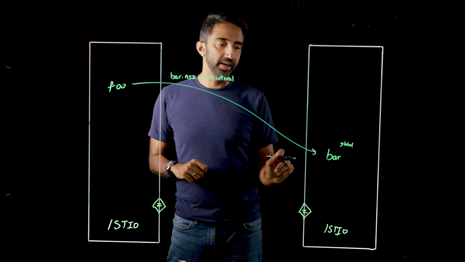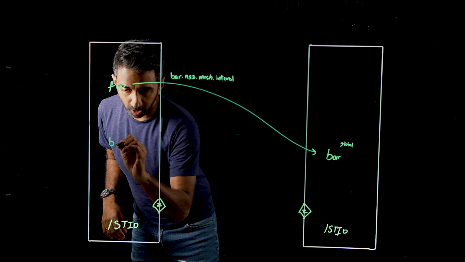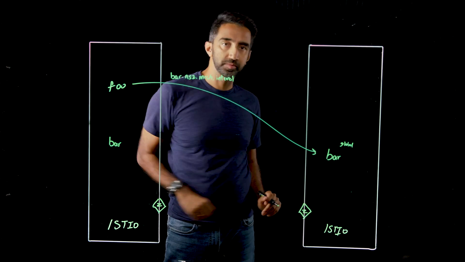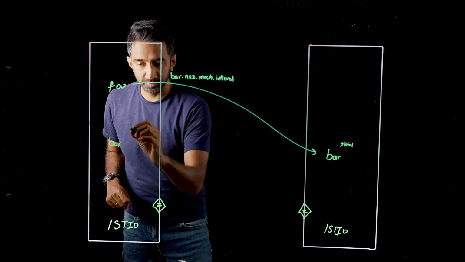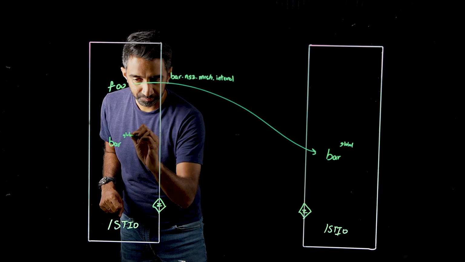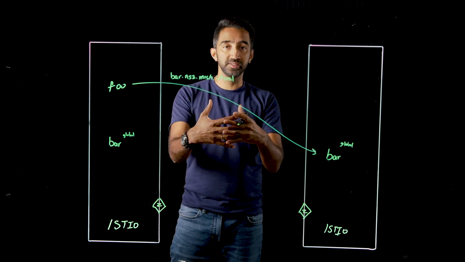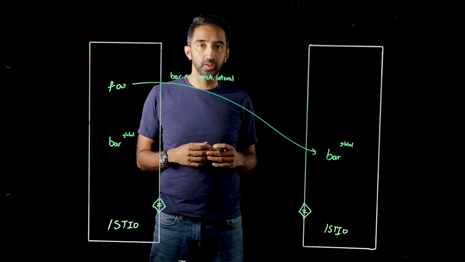Let's say that bar exists on both clusters. So you have bar in namespace 2 on this cluster, as well as bar in namespace 2 on that cluster. Now, if I mark this service as global again, these two Istiods will share that they have the same service, so that anyone calling it can get intelligent locality load balancing.